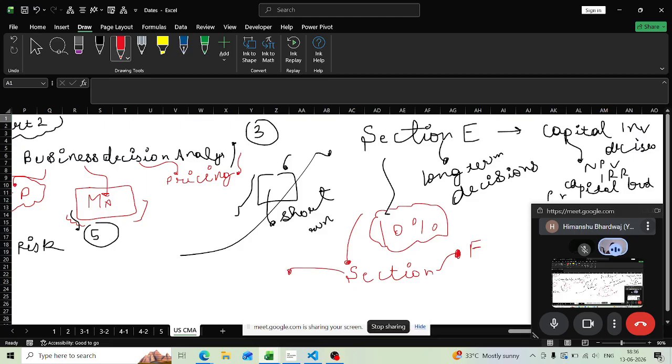The questions are very tricky. So you have to create your judgment skill so well that you can eliminate three of the distractors first for most of your theory questions. So I guess section F also contains 10% of your exam, which is your ethics.